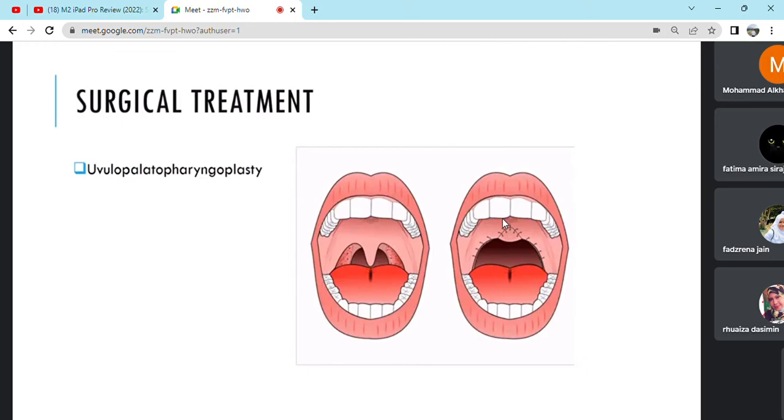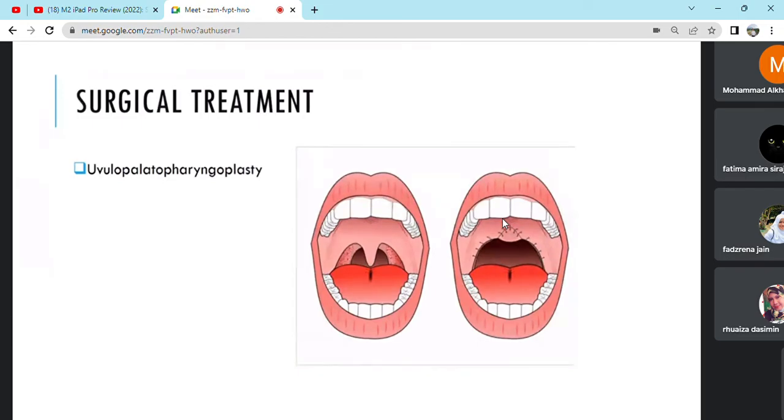Your Mallampati score is also a good scoring for you to decide before intubation of your patient, no? Because a patient who is on a Mallampati score of 1 and 2, then you can perform your intubation using your laryngoscope. But if your patient is classified under Mallampati 3 up to 4, it means that in Mallampati 3, only a little is visible here. When Mallampati 4, it is totally obstructed.